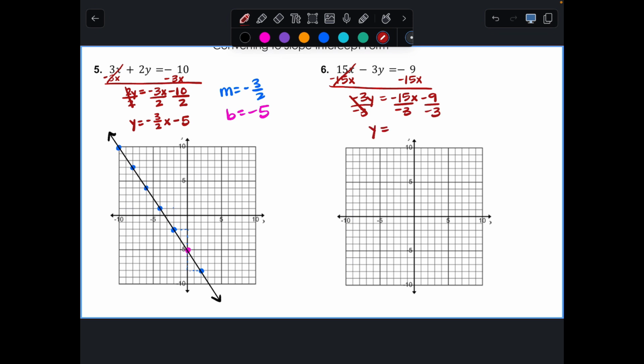So now I have y equals 5x plus 3. Slope is 5 over 1. Y-intercept is 3. Up 5, 1 to the right.